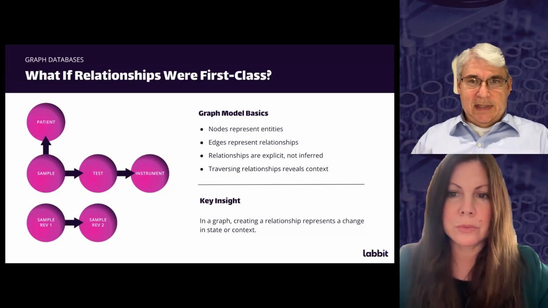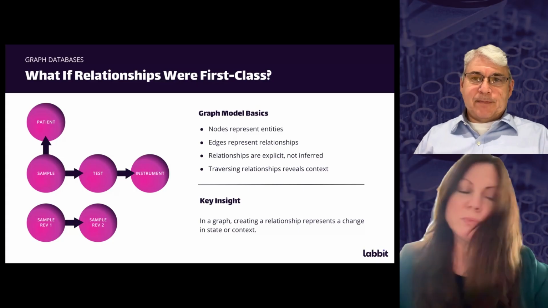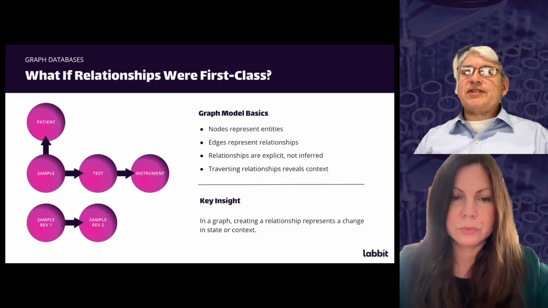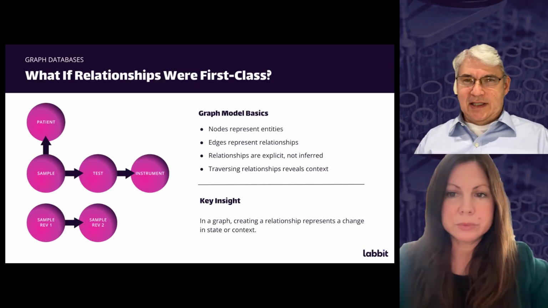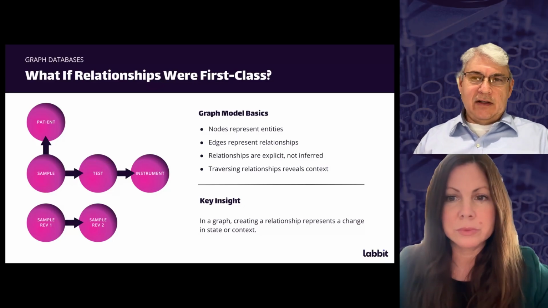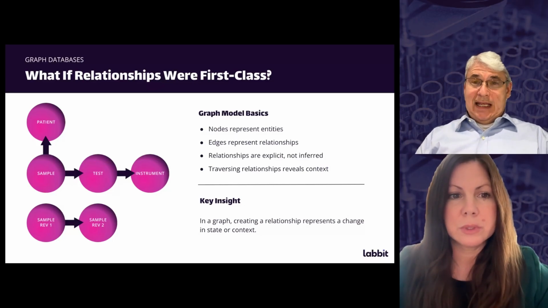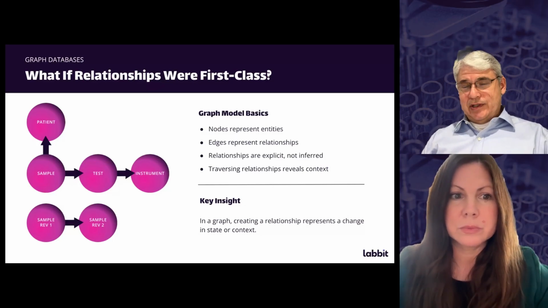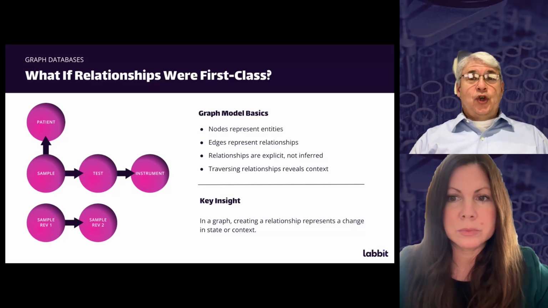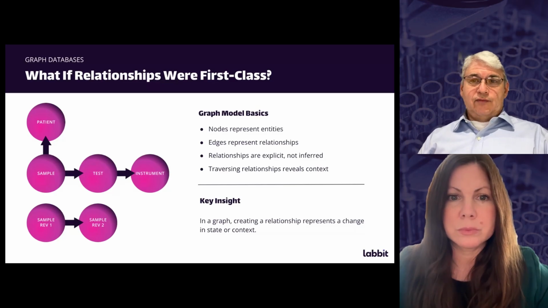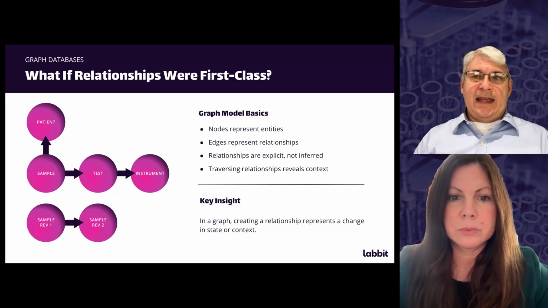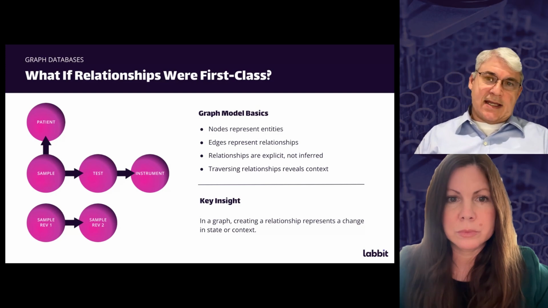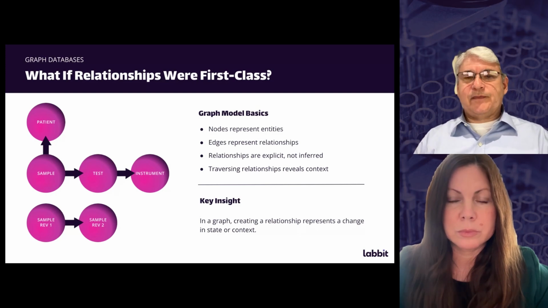In the diagram on the left of the screen, instead of rows in a table and tables related to other tables, what you have in a graph database are nodes. A node can represent whatever type of entity you would like. It could be a single sample, a single patient, a single test, a result, etc.